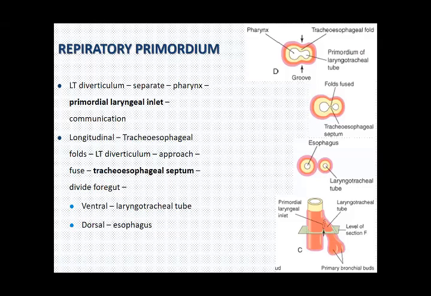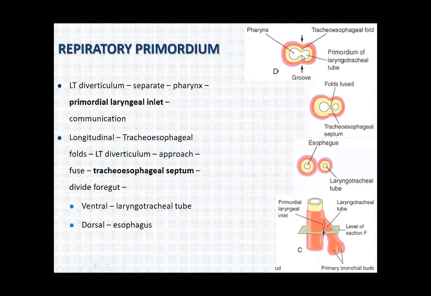So I repeat once again, the common opening between the foregut and the laryngotracheal tube, इस opening में folds appear करते हैं, इनको हम laryngotracheal folds कहते हैं.